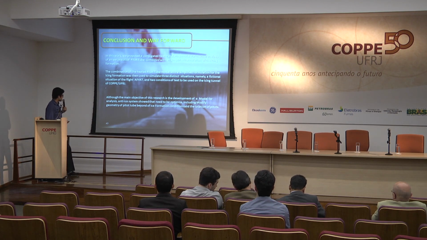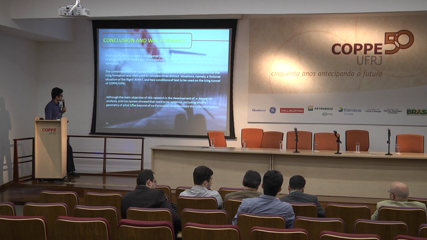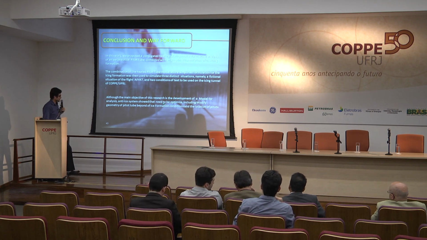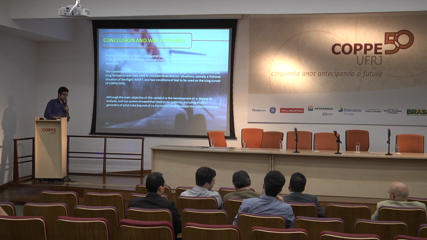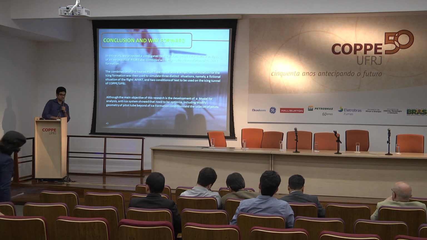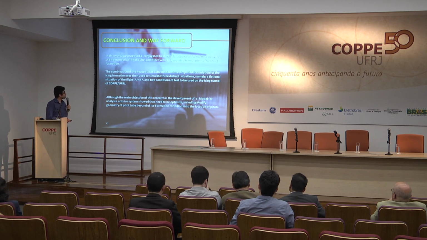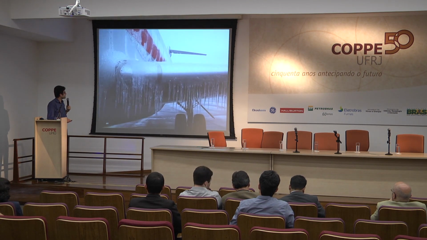Although the main objective of the research is the development of the model for the analysis, the anti-icing system needs to be optimized, including modifying the geometry of the P2 tube, because as we saw, the conical part of the P2 tube is very effective for starting ice formation, because this place has no thermal resistance. And it can be some work for the future. Just that.